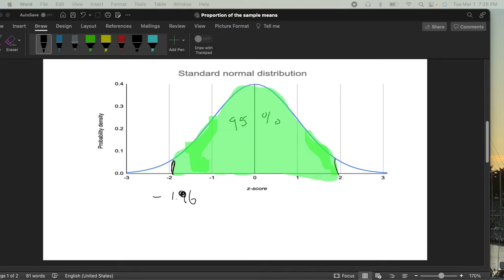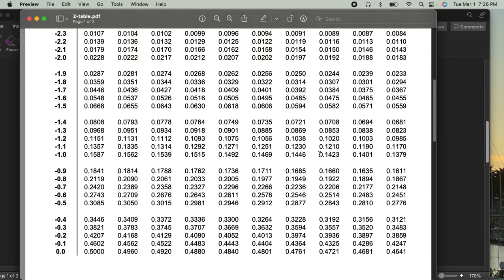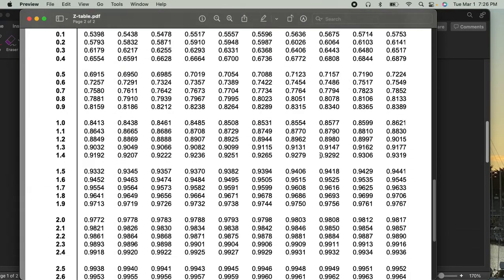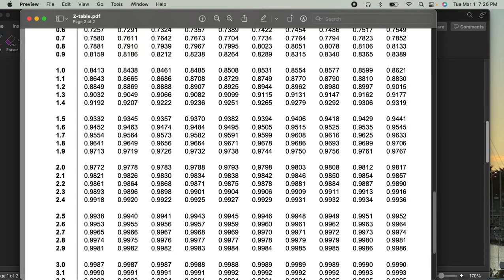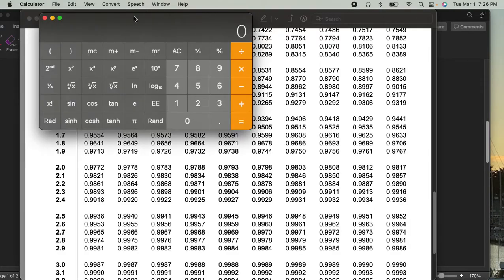To find the other one, you will have to go here and do some calculation. Let me use my calculator to show you what I'm talking about. You have 1 minus 0.975, and that'll give you your 0.025.